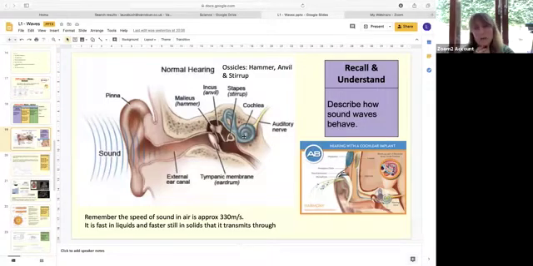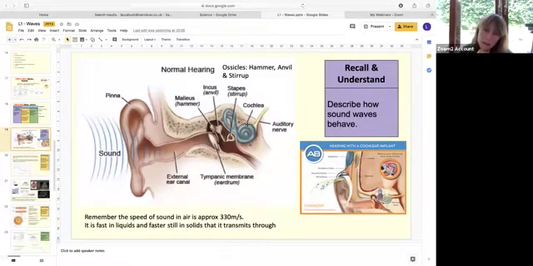and cause the fluid inside the cochlea. Inside the cochlea there's a load of fluid, and inside these here, which are called semicircular canals, that causes movement of this fluid. Some of you will be aware that this is where our sense of balance is also controlled.